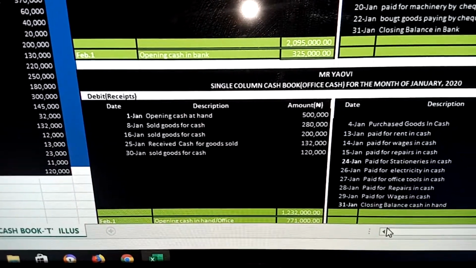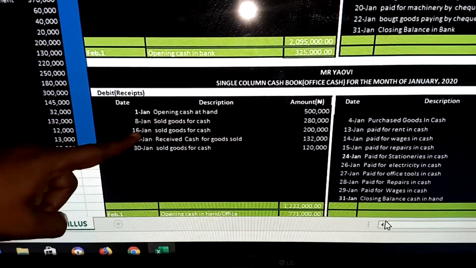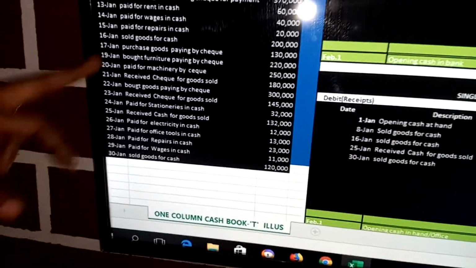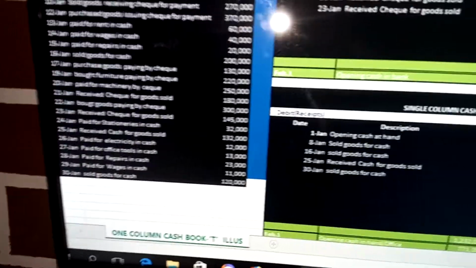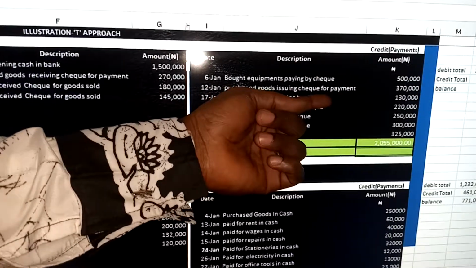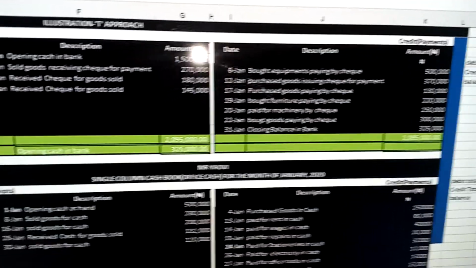So that will actually come to the office cash. So it's a receipt. 16th sold goods for cash, 200,000. The next one is 17th, purchase goods paying by check. Check is bank, so go to the bank there, you're paying. That's payment. We have purchase goods paying by check on the 17th there, and that's the value there, 130.